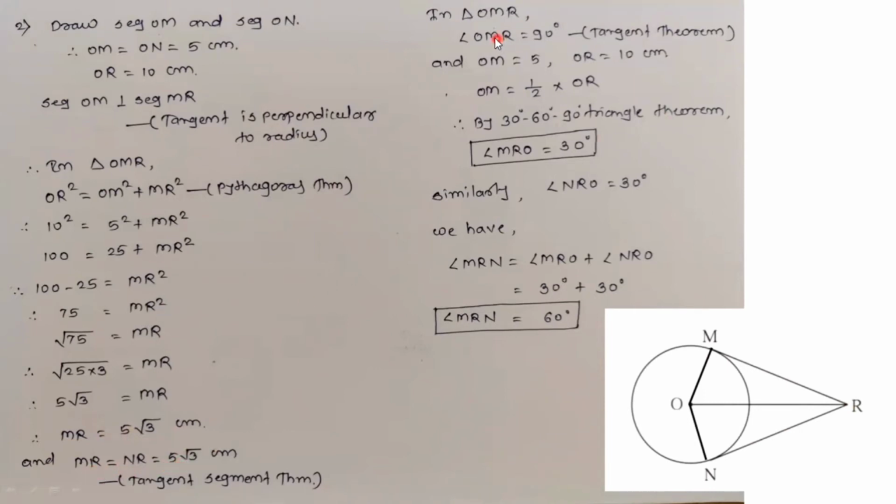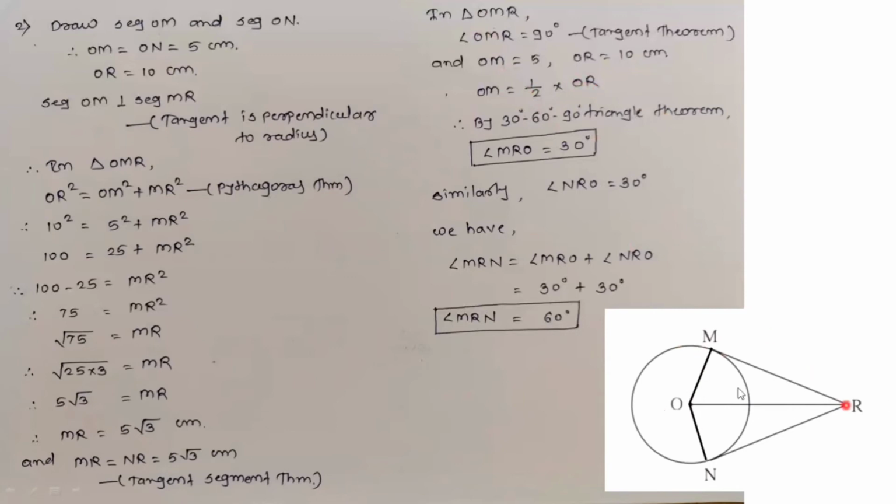Now to find the answer of the second question, in triangle OMR, again angle OMR is 90 degree. If OM, that is the radius, and OR, that is the length of segment OR, are given, we have OM is 5 and OR is 10. And as we know that 5 is half of 10, that is OM is equal to 1/2 of OR.